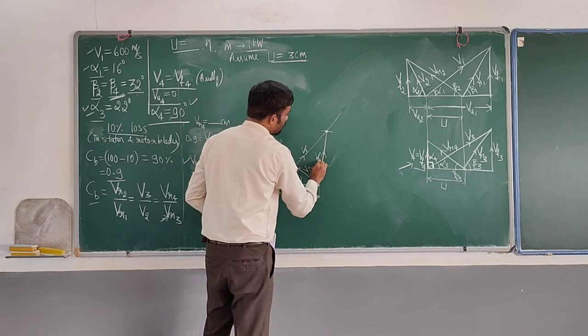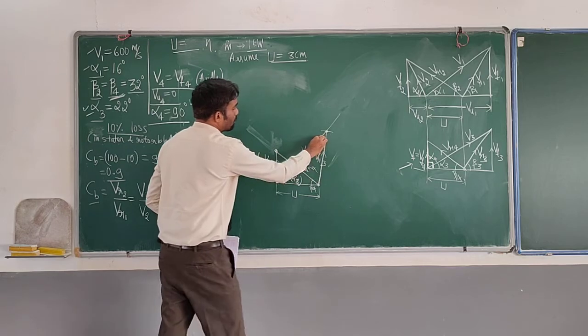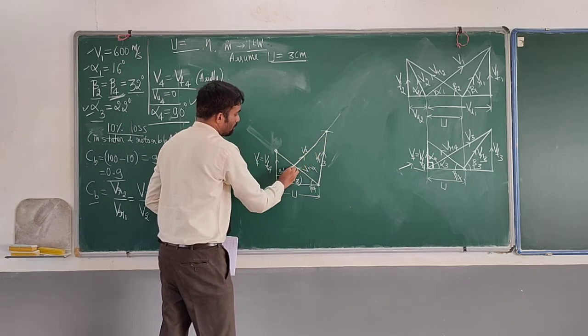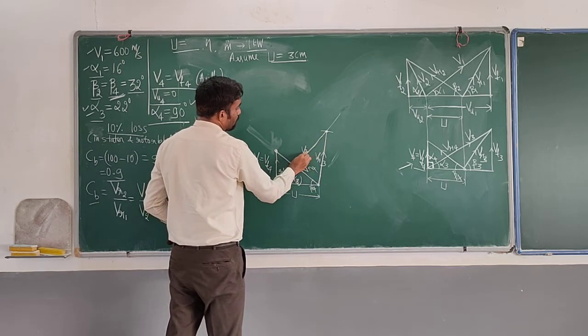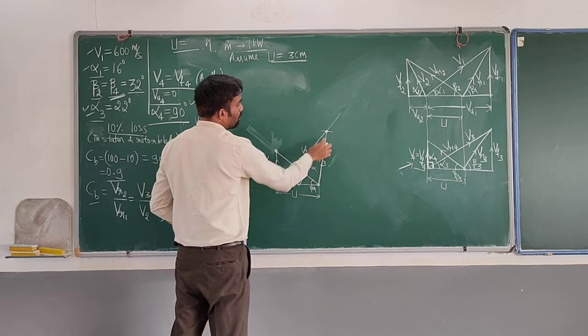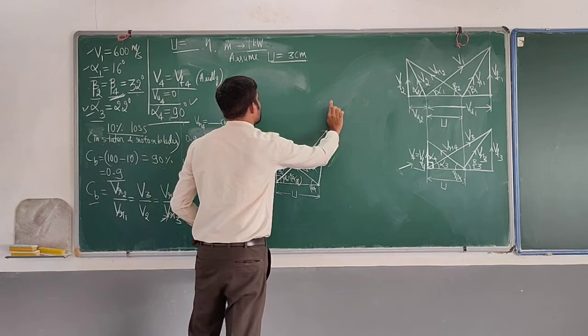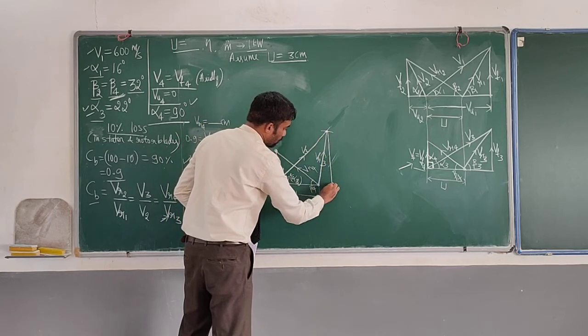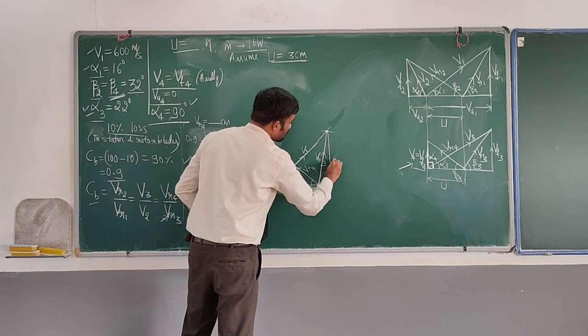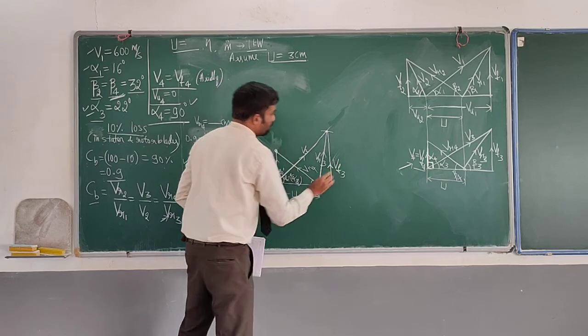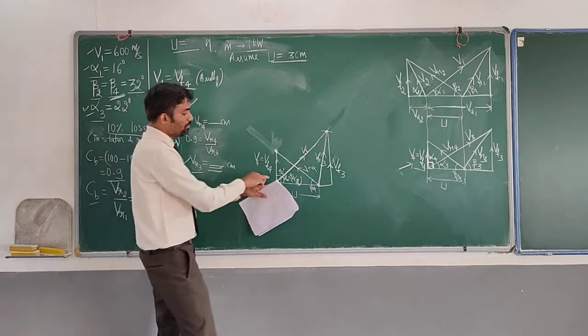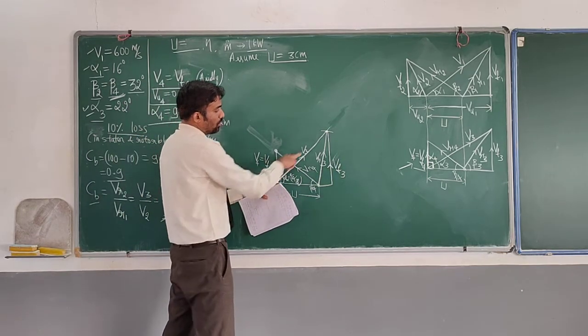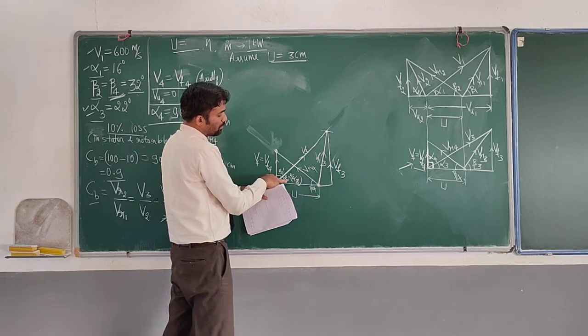If I complete the velocity triangle, I will get the lengths V3 and VR3. You can rub the extra part. From this point you can drop the perpendicular, which will represent VF3. So what we have done is drawn this line which is representing 22 degree alpha 3.